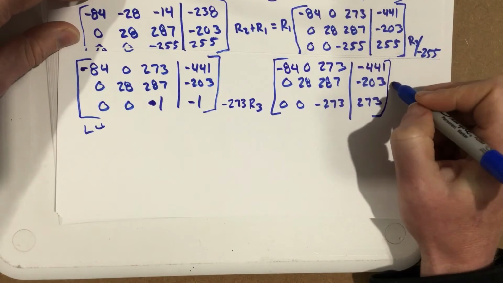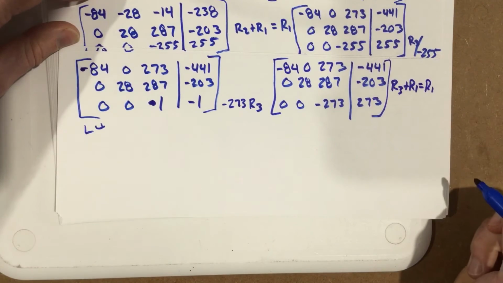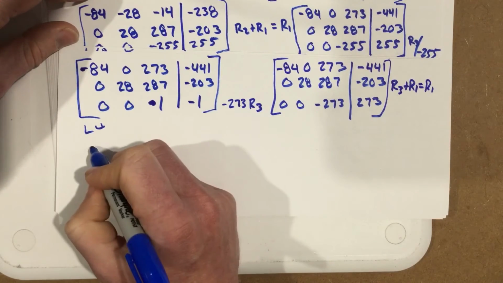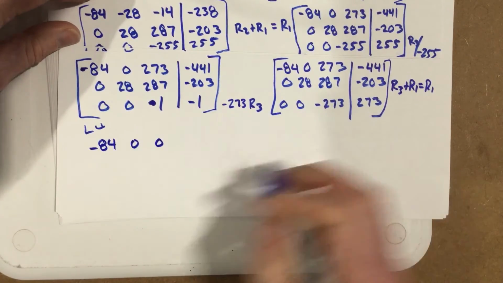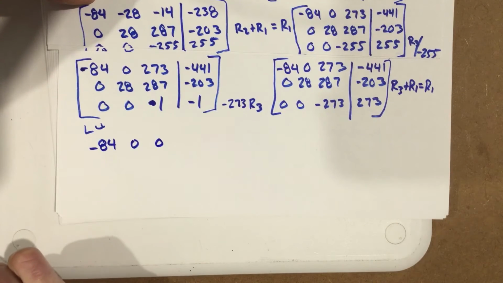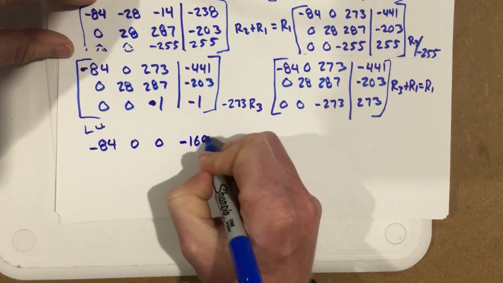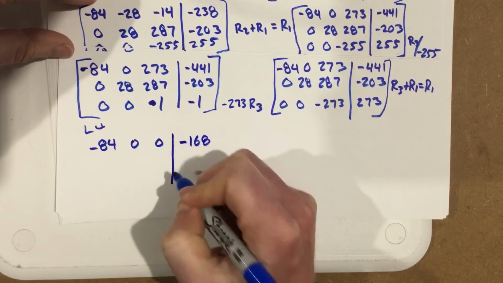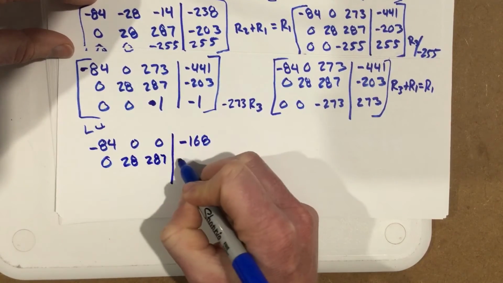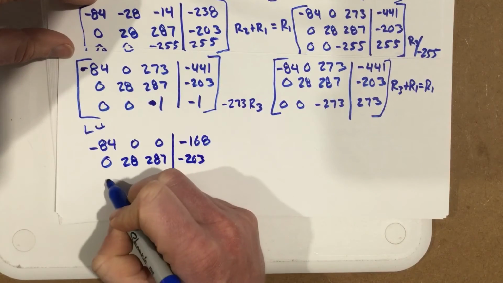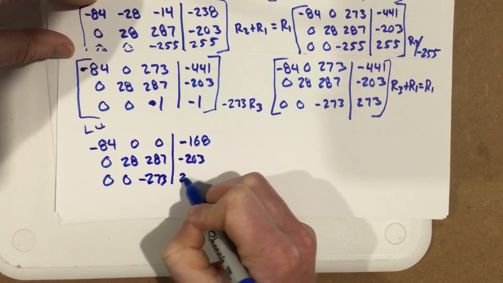We need to add row 3 with row 1, and it's going to equal row 1. When we add those, we get negative 84, 0, 0, negative 441 plus 273, negative 168. This is 0, 28, 287, negative 203, and then 0, 0, negative 273, 273.